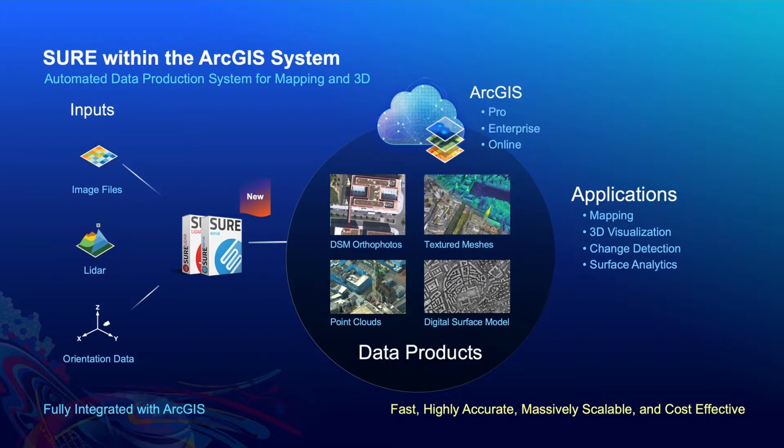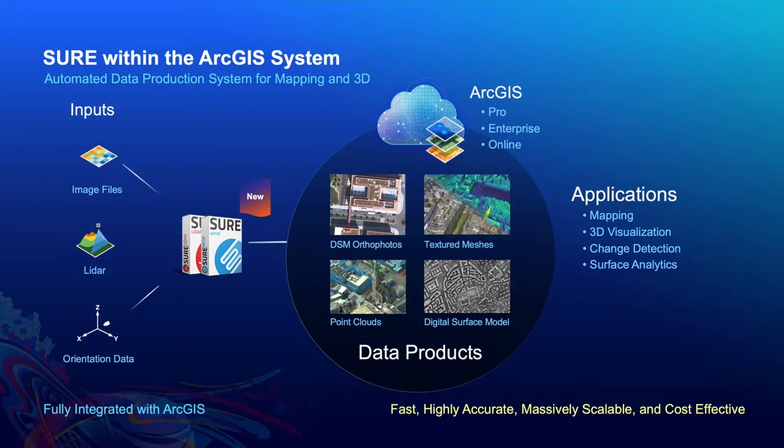So it actually represents the link from the input data, which can be images, LiDAR, and also orientation data coming from area triangulation packages. And they can be used within Shure to actually produce DSM, orthophotos, point clouds, digital surface models, and also textured meshes. And those textured meshes are going to be the main topic of today.